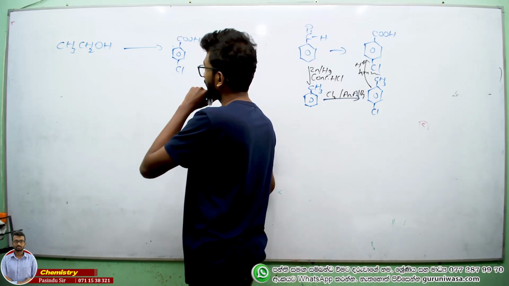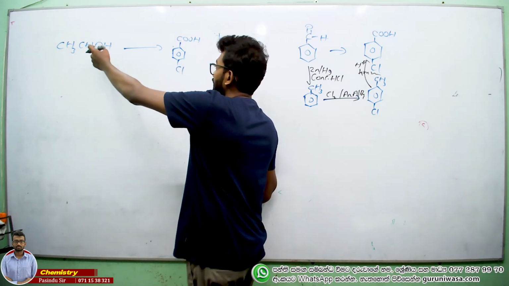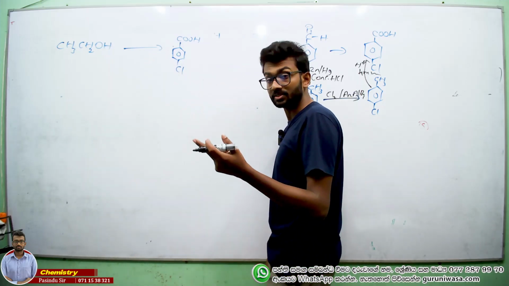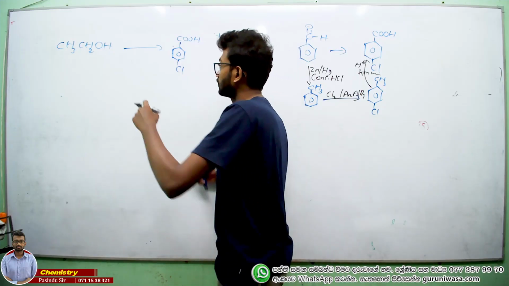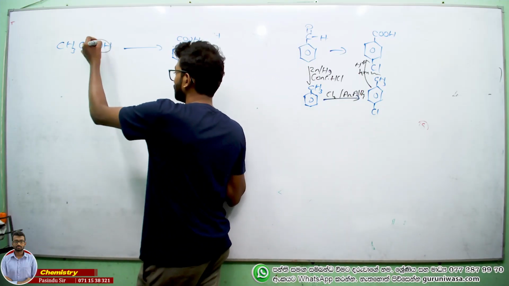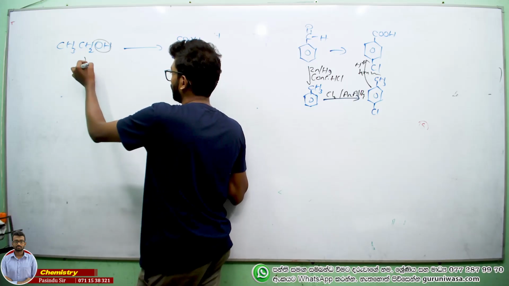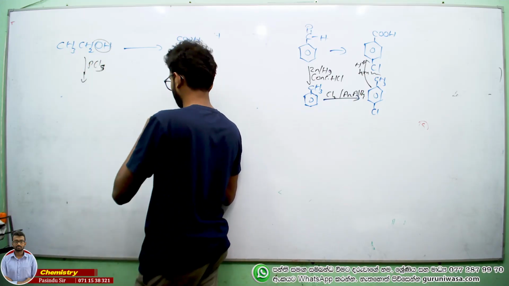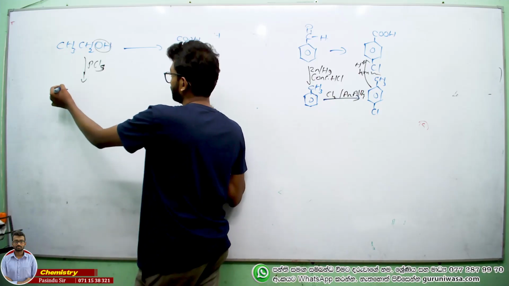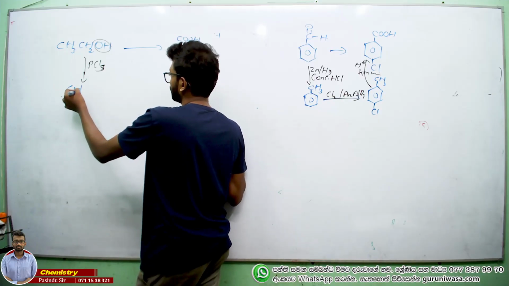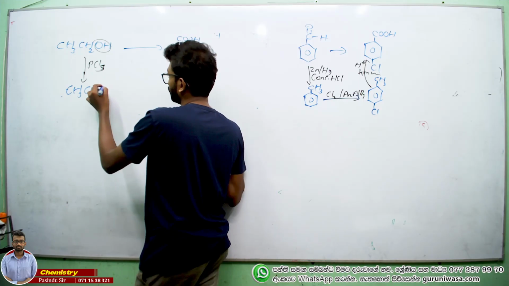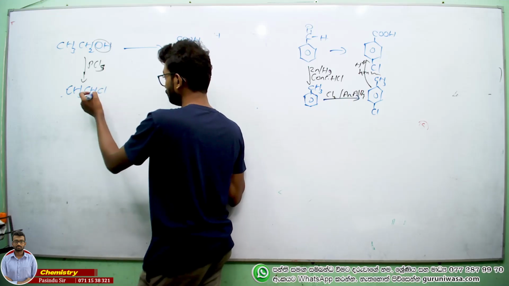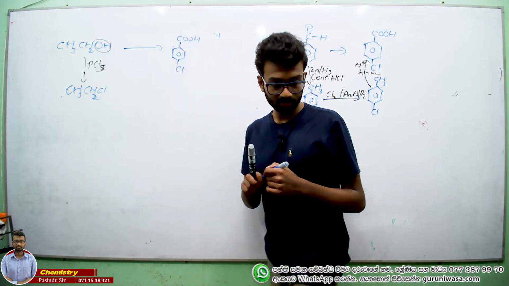So you can easily do that, but you can't add CH3CH2OH directly, right? You have to convert it into Cl, right? You have to convert this OH group into Cl by adding PCl5 or PCl3. Then you can get this kind of one, CH3CH2, sorry, H2C Cl.